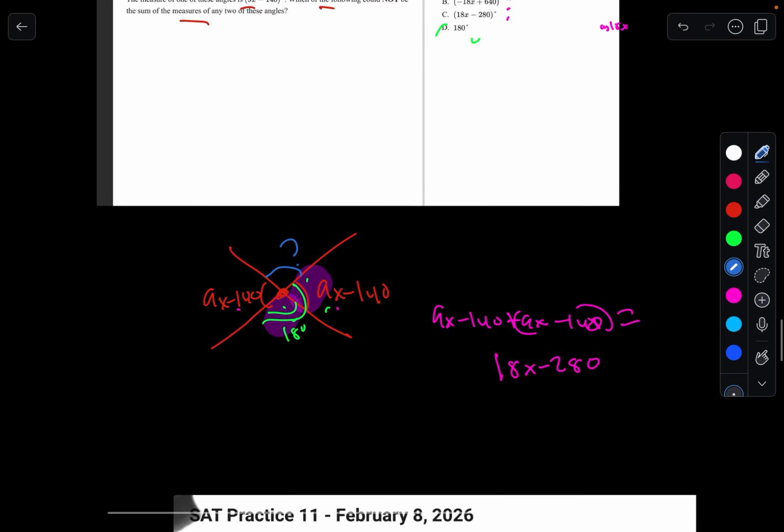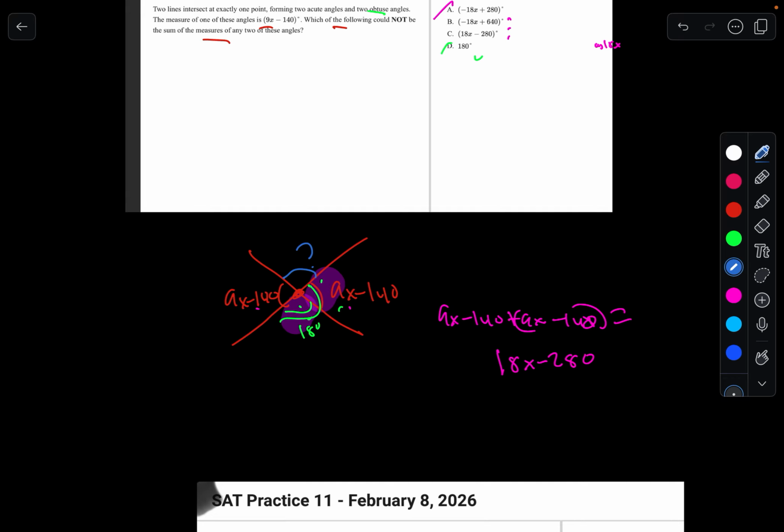So we can just say this is the acute angle and this is the obtuse angle. And we know that these two angles add up to 180, like what we said before. So acute plus obtuse is equal to 180, which means, let's solve for the obtuse angle.